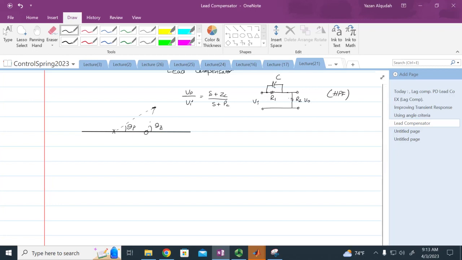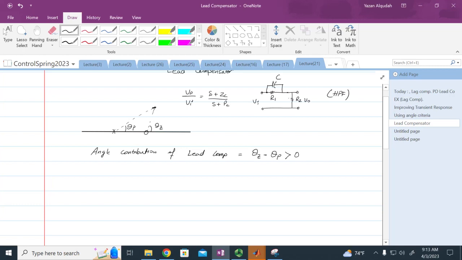So therefore, the angle contribution of the lead compensator is going to equal theta z minus theta p, and this is going to be greater than 0.